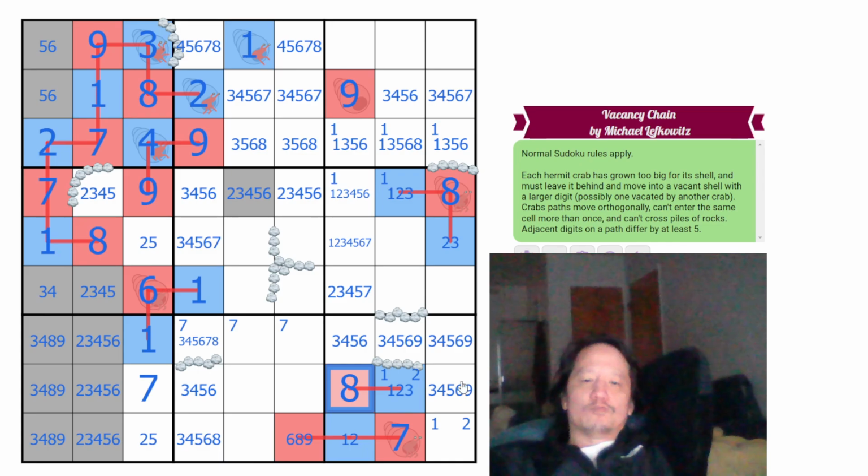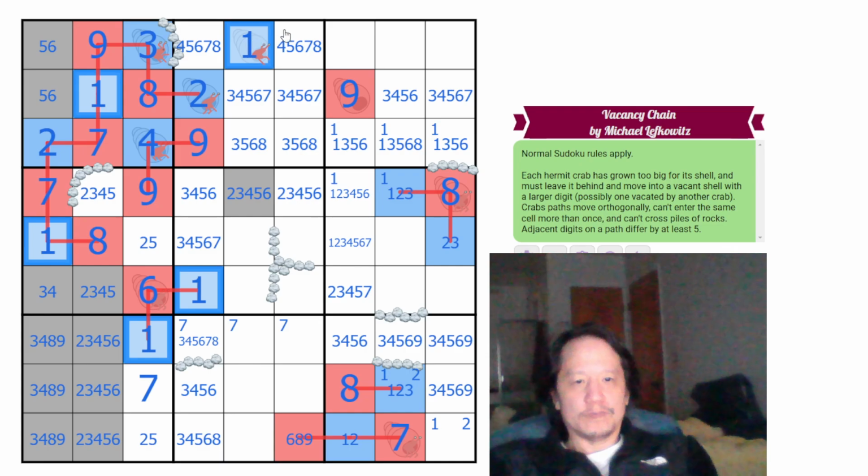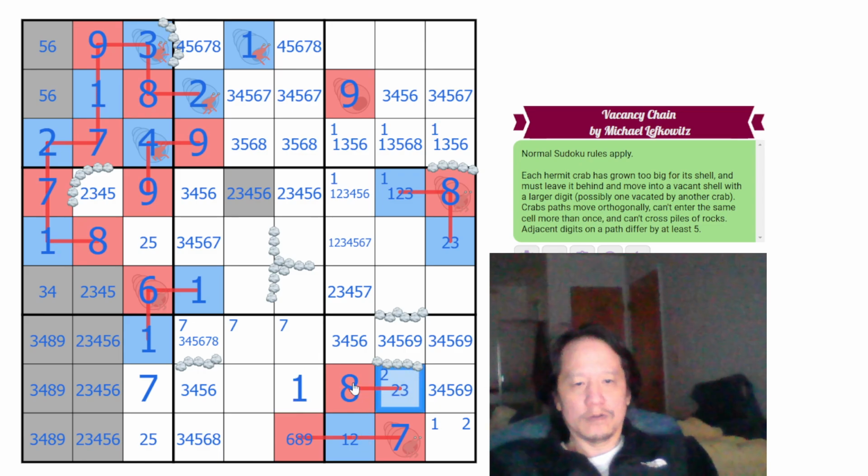So if this were 9, it went to 1, 2, 1, 2, 9. This would have to be 3, 8, 1 or 2. So 1, okay. Where is the 1 in column 6? It can't be any of these 6 because of these ones. It can't be this one because we know this one has to exit out this way. Can't be here because of this one, so this must be a 1. So this is a 1, which means this can't be 1.